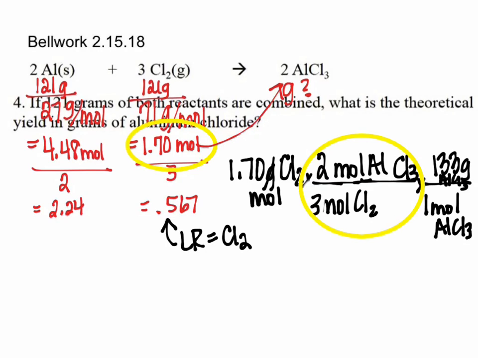So you can't say I've got 5 grams of chlorine over 1 mole of aluminum. You just can't do that. So you've got to recognize that. So what's the amount that we can make? How many grams of aluminum chloride can we make?